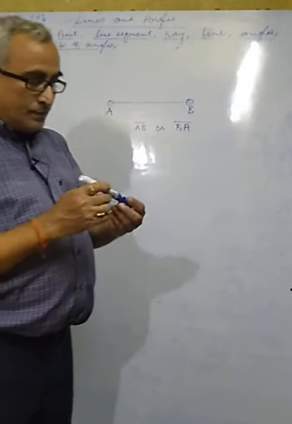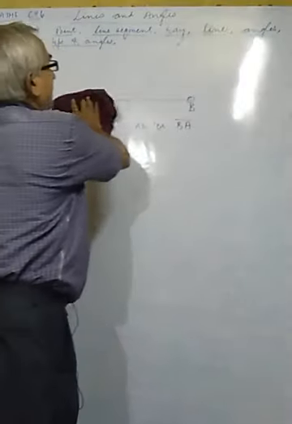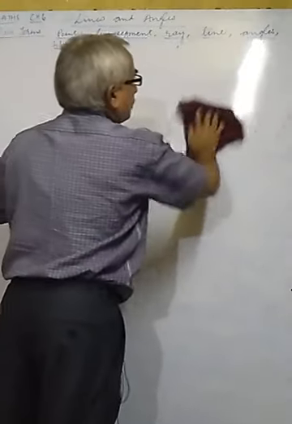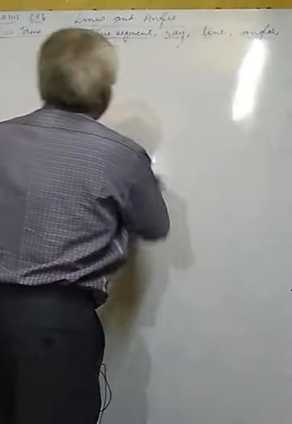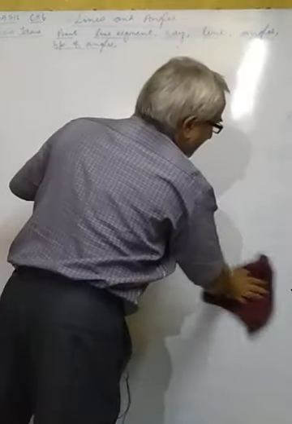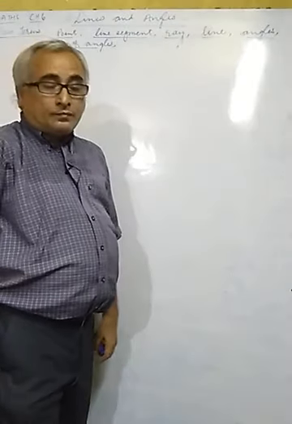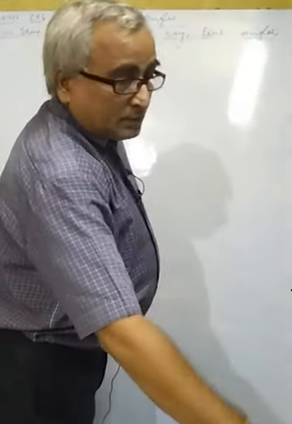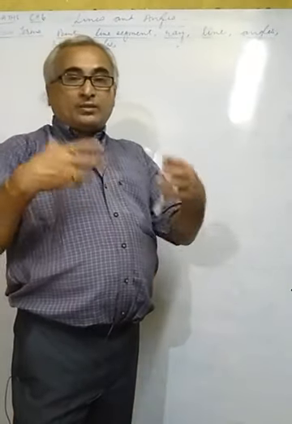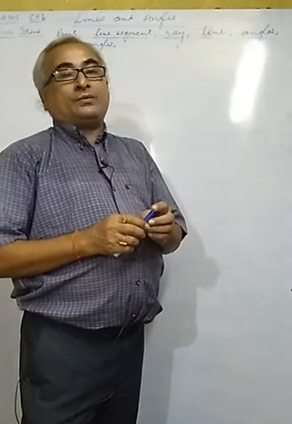After line segment, we have to study about ray. What is a ray? Suppose a source of light is there. What do you mean by source of light? Some objects create rays themselves and some objects only reflect the light. They do not originate or create their own light.